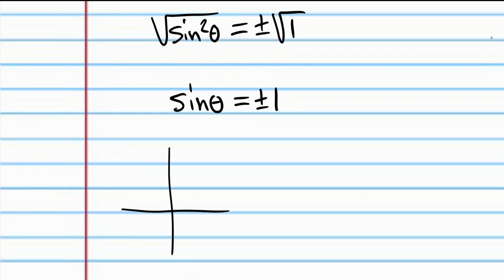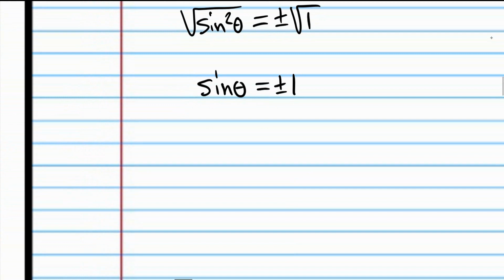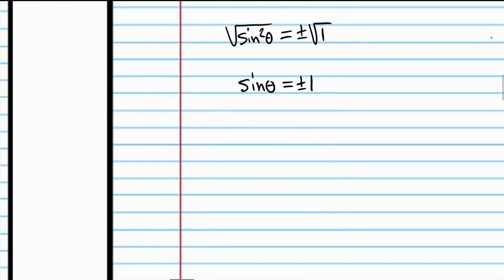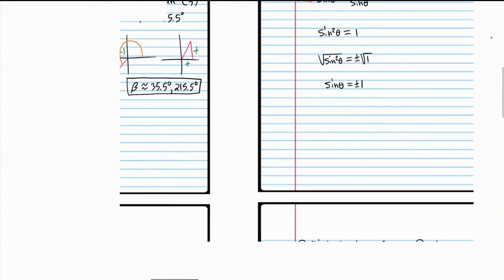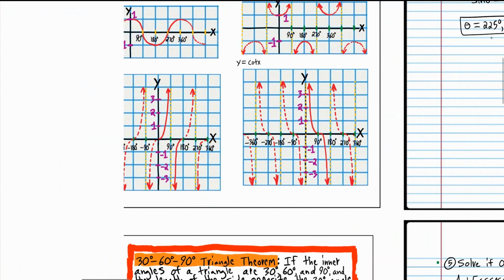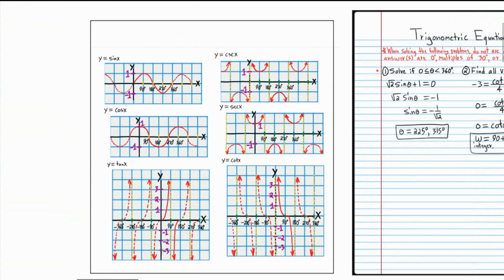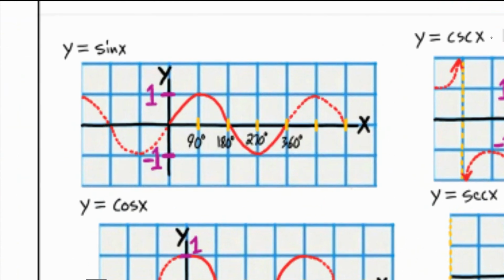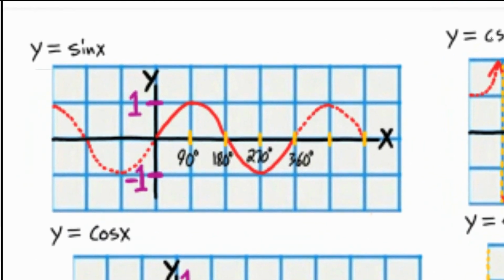So that's going to be a collapsed triangle situation when sine is 1, -1, or 0. And remember, it's best to consult your sine curve when you have collapsed triangles. So that equation is asking us to find all the points on the red sine curve whose y values are 1 or -1.